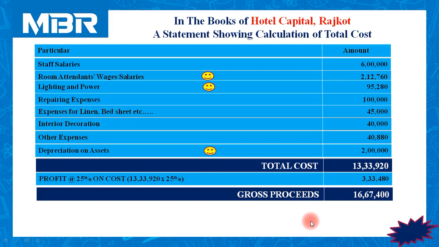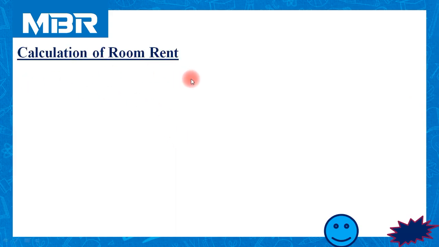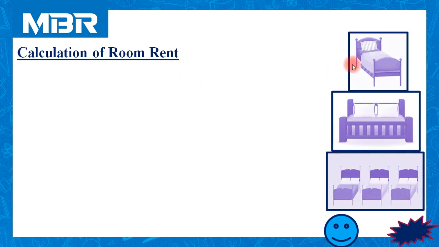As per the information required in the question, we need to calculate room rent for single, double and 3-room suites. So let us enter into the next phase of our calculation. In this equation, we have 3 different categories of room: single, double and 3.